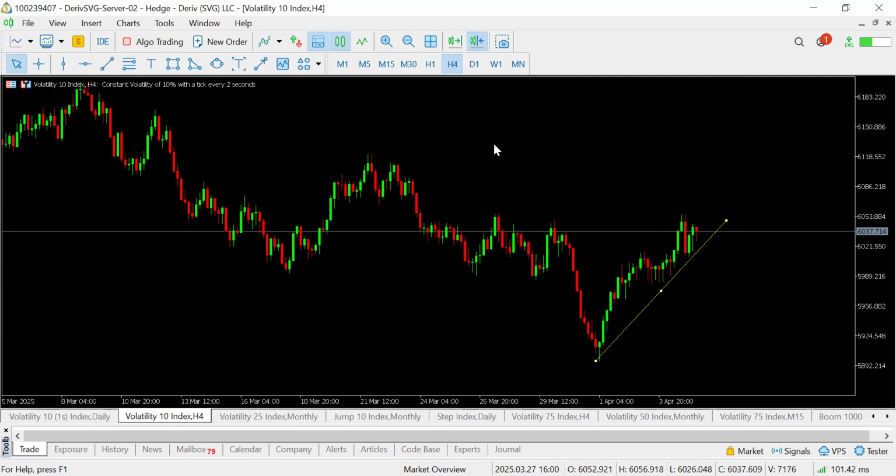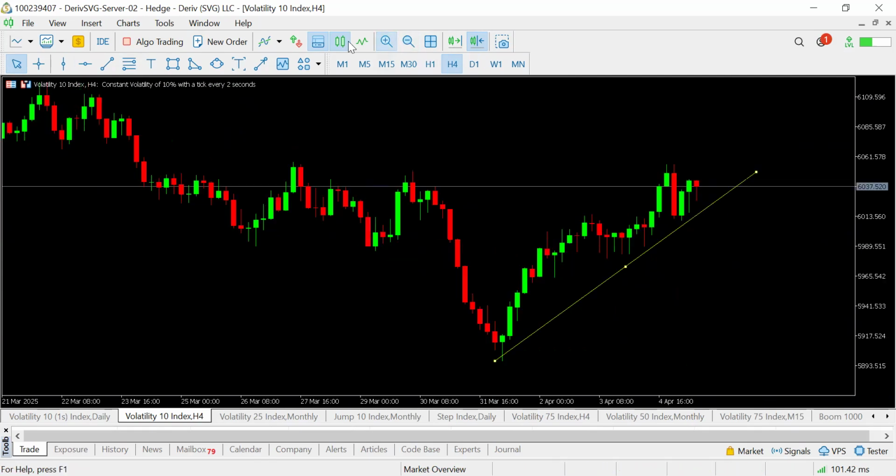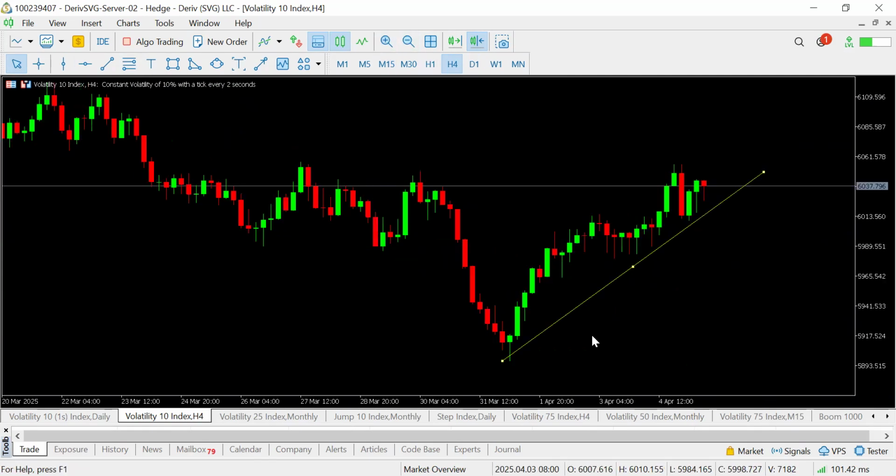So now, if it's in an uptrend, what are we going to be trading? The market made a high, a higher low, a higher high, but we can see that there's a very strong rejection zone here.